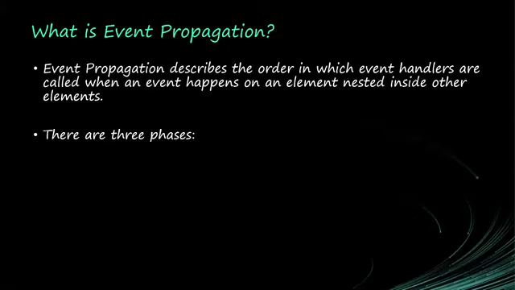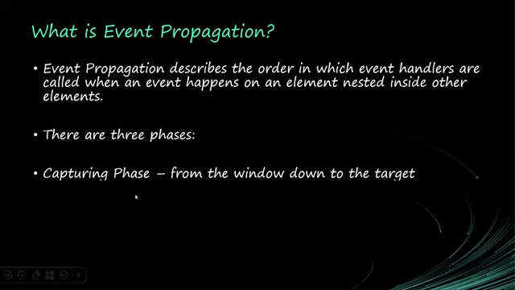So there are three phases of this event. The first phase is the capturing phase. It happens from the window down to the target. The target is actually the button that you clicked. Remember, the button is inside the div and the div is inside another div. So the main target of this event is the button, which is what you click.